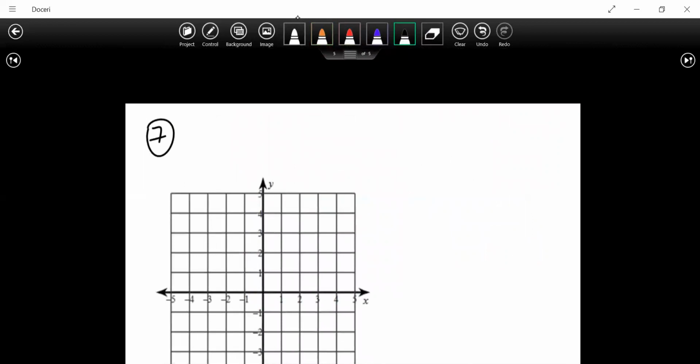Okay, here we go. I'm going to do number 7. There you go, Josh, I'm doing another one for you. At this moment, if you would like to listen to some music, you're more than welcome to do that.